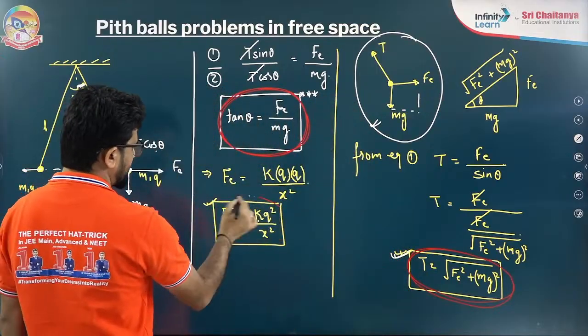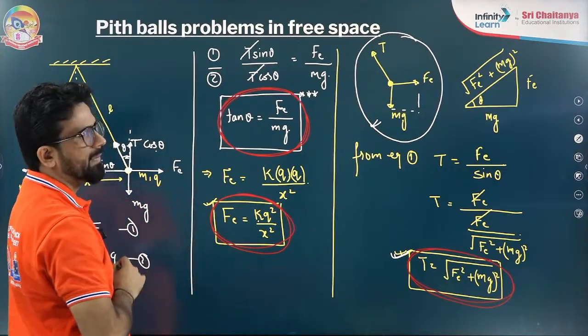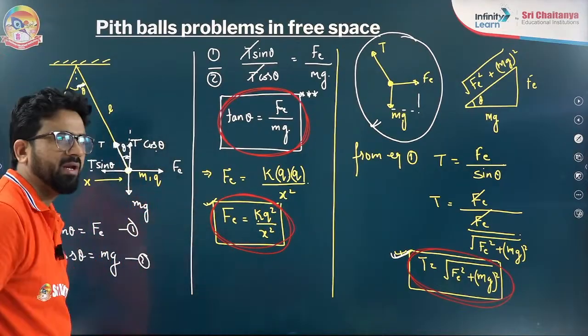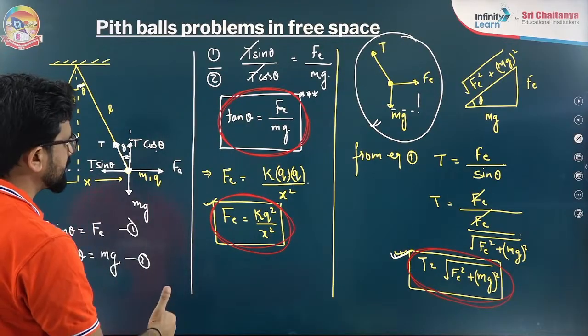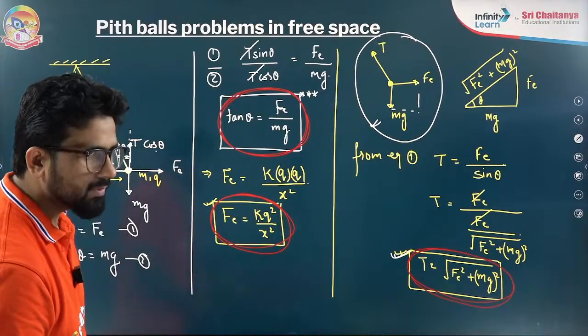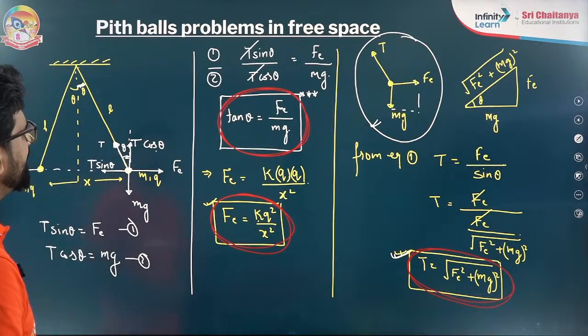And the third concept that you can remember is that Fe is equal to kq square by x square. That is the very basic thing. I think it is clear to everyone. If it is clear, then we are going to move to the next problem, which is a very important concept.